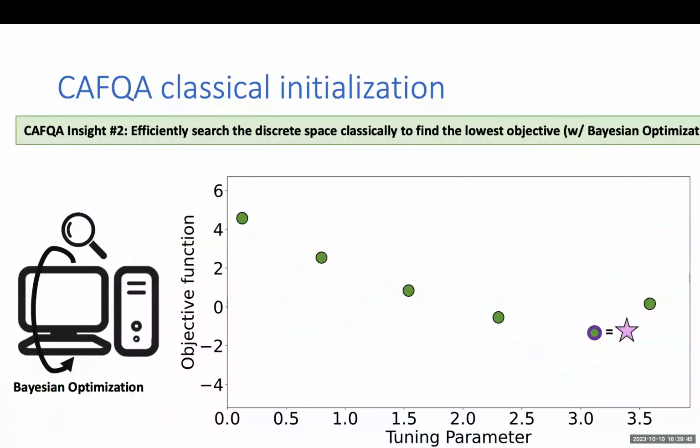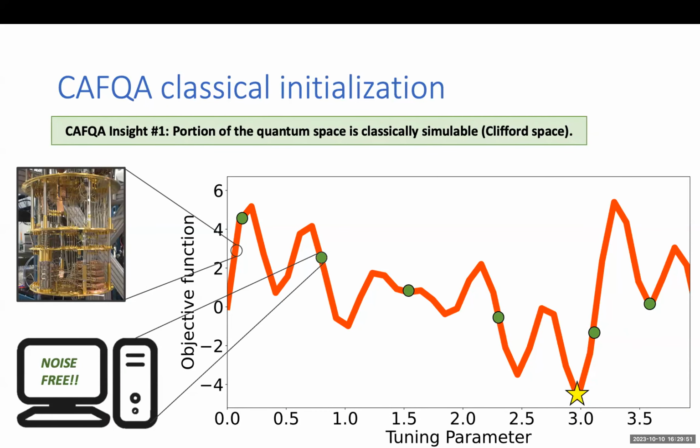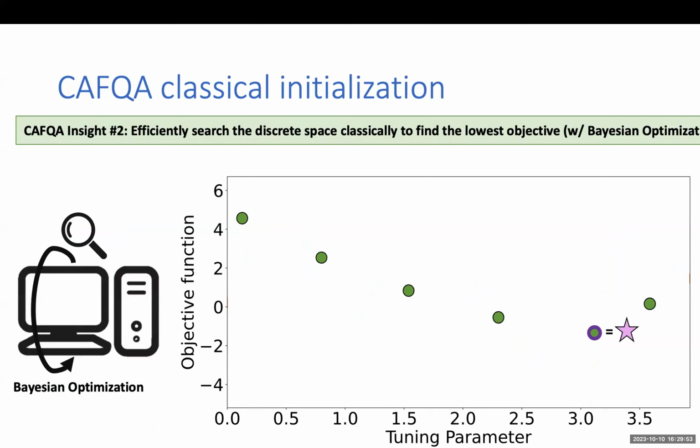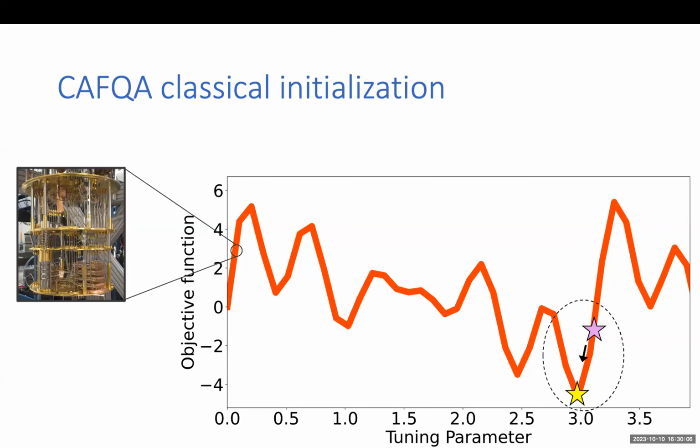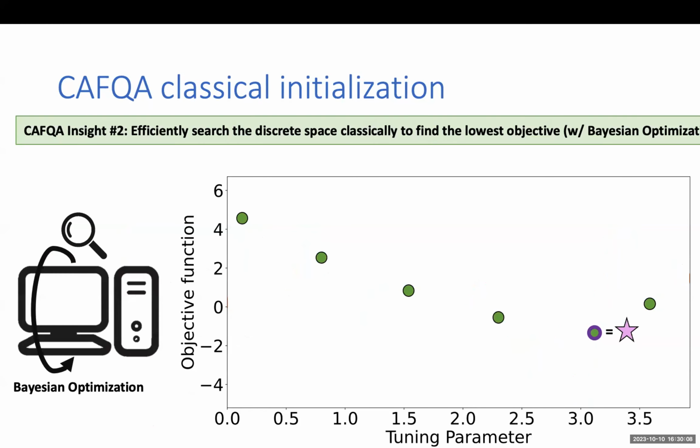Instead of running a continuous optimization algorithm, which is what you would have done normally, you would run a discrete optimization so that you can find the best or a few of the best green dots, and then restrict your variational algorithm to either start from your best green dot or restrict it to the space where the most prominent green dots are present.